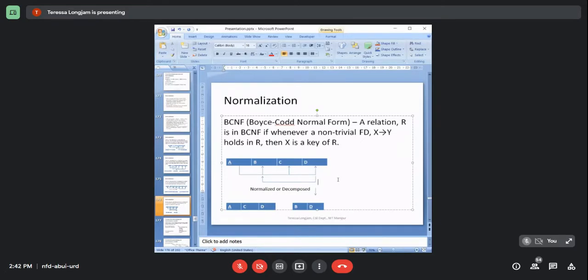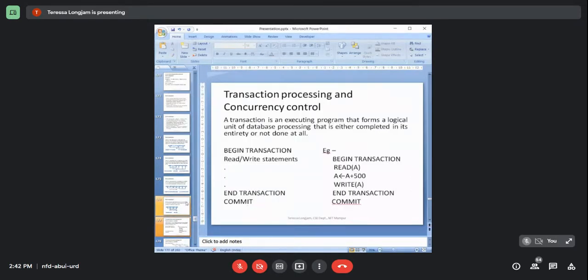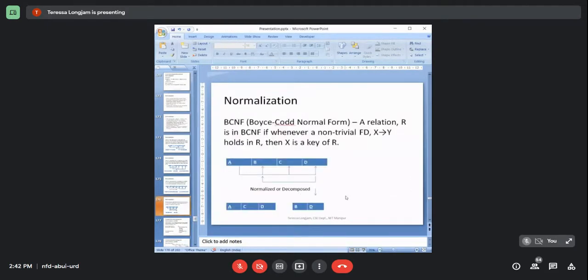According to this functional dependency, we are going to decompose it like this. So this particular attribute D and B, you can see this B is the attribute which is depending on another attribute which is not a key, isn't it?